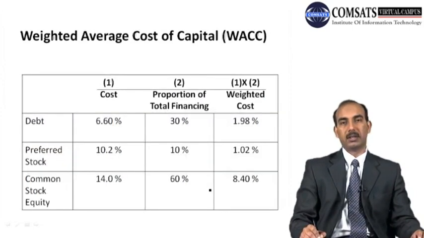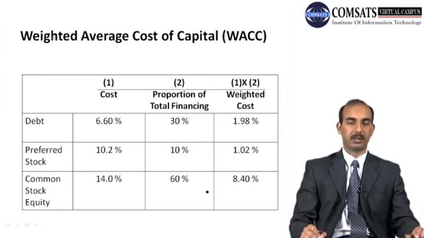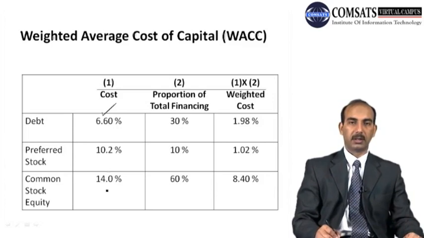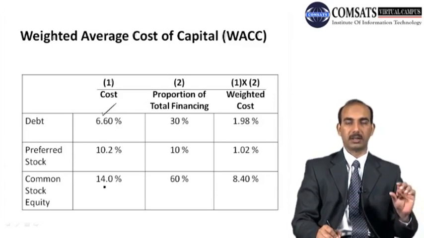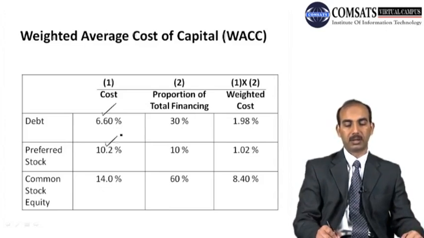And how do we assign cost to each proportion of capital, that is to debt, to preferred stock, and the common stock? If you look into this portion, this is the cost of debt, that is how much interest is being paid on the borrowed debt, that is long-term debt. Then the preferred stock, how much dividend is being paid to the preferred stockholders.